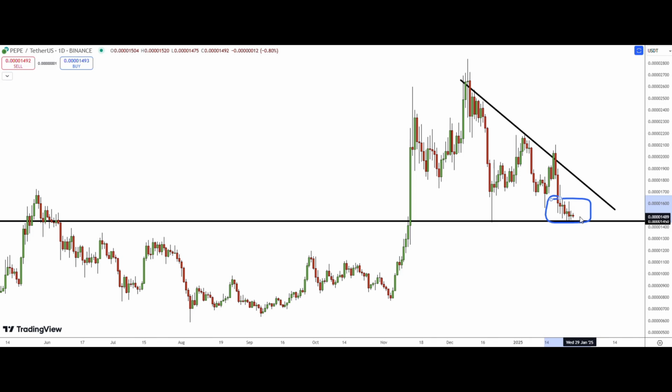Because if the buyers are in control and have enough strength, they will be able to push the price up immediately whenever the price approaches this support area. But right now, instead of seeing the price going up immediately, we're seeing multiple small candles being formed at the support area. So it signifies the indecisiveness between the buyers and the sellers.